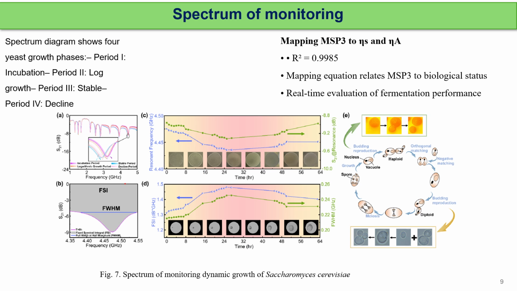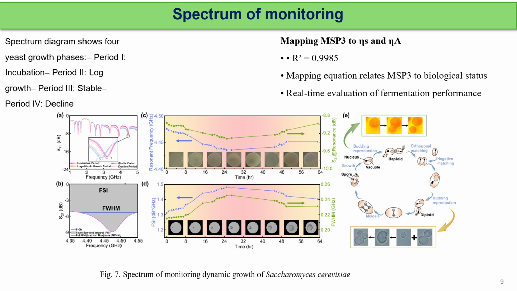Here we look at the full spectrum. We see clear signatures corresponding to the 4 growth phases. Using DS evidence theory, we generated multiple synthetic parameters MSP1 through MSP9. Among them, MSP3 showed the strongest relationship with yeast viability.